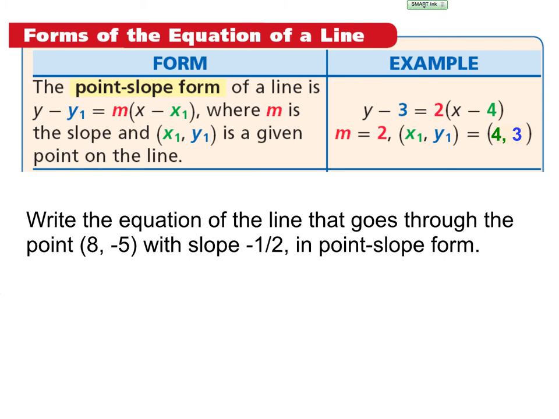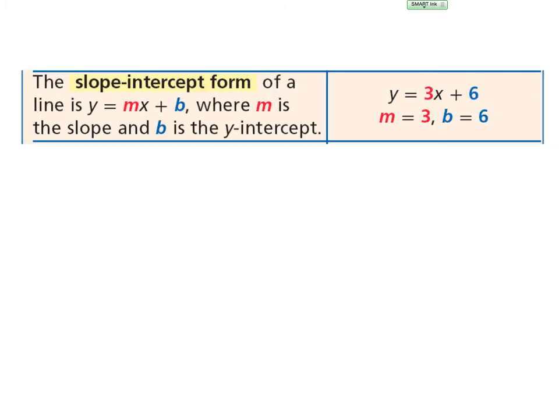You can simplify the minus negative to a plus positive. That one should end up being y plus 5, since it was minus negative, so simplify that to plus, equals -1/2 times the parentheses x minus 8. That's simply point-slope form for the equation of a line. We could graph that. Maybe you want to simplify it to graph it, but that is something that we'll do.